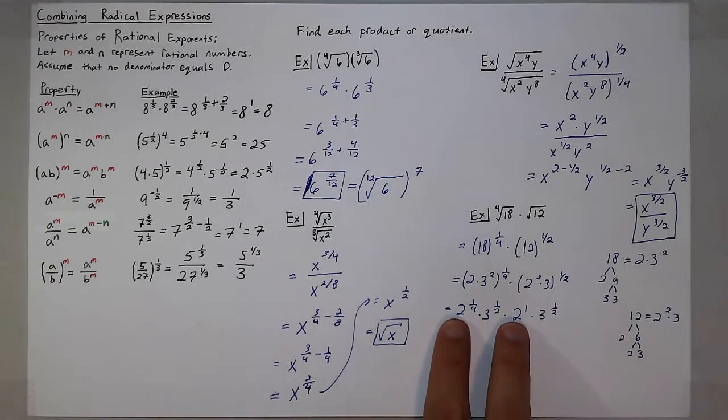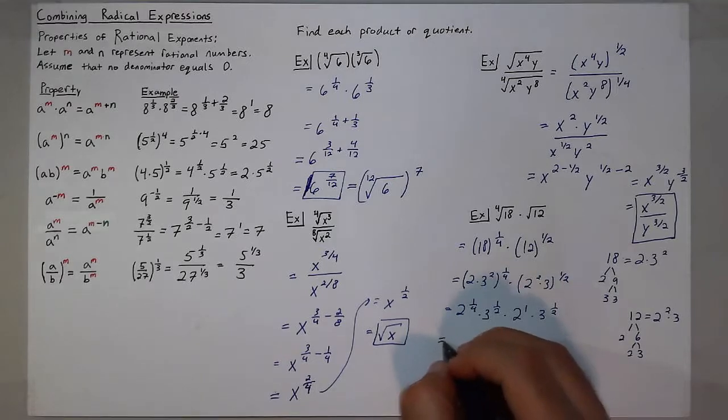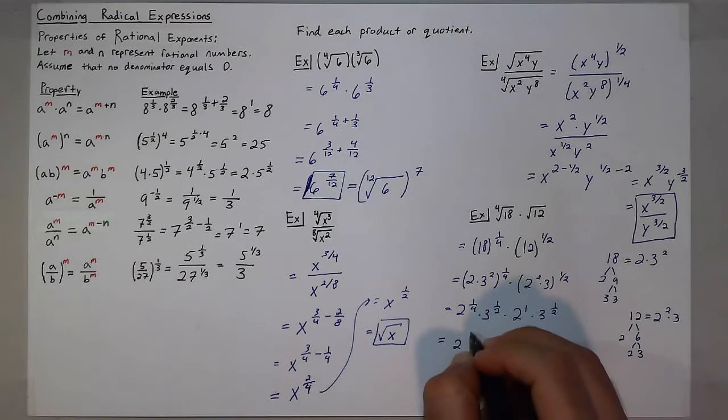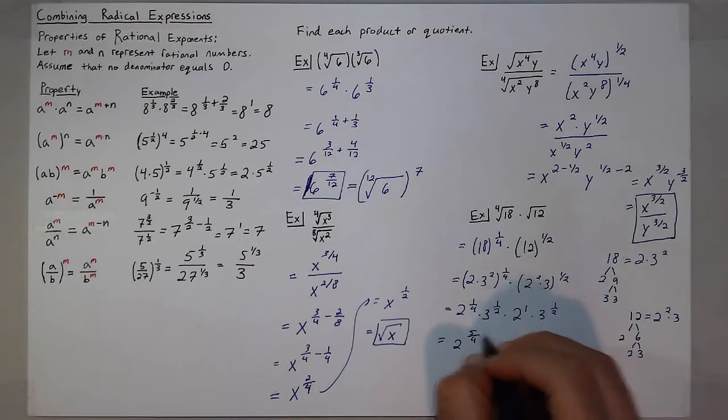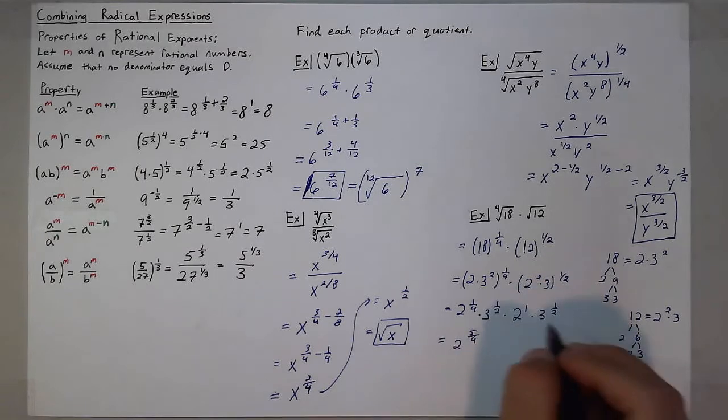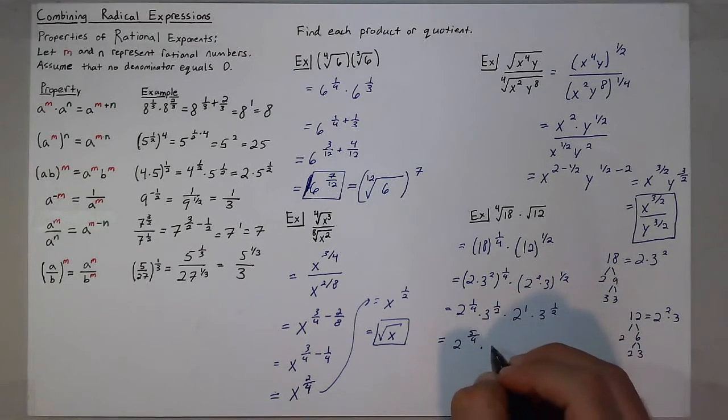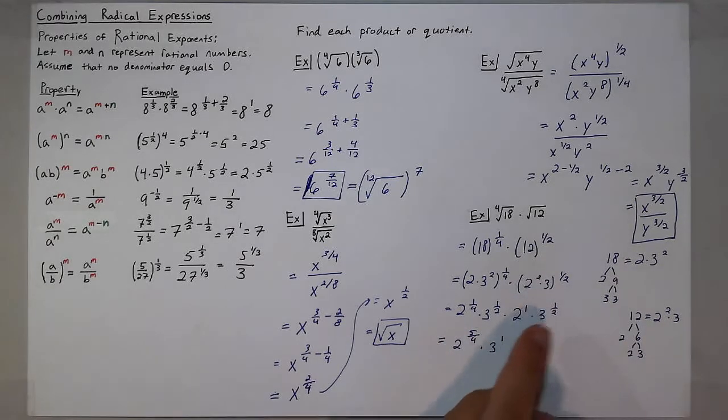So 2 to the 1/4 times 2 to the 1st is 2 to the 5/4, and then 3 to the 1/2 times 3 to the 1/2 is 3 to the 1st.